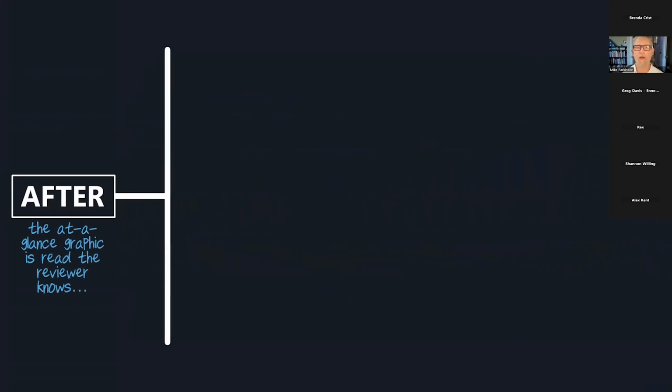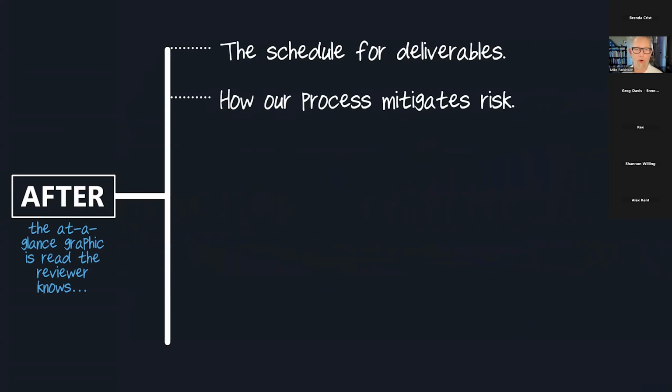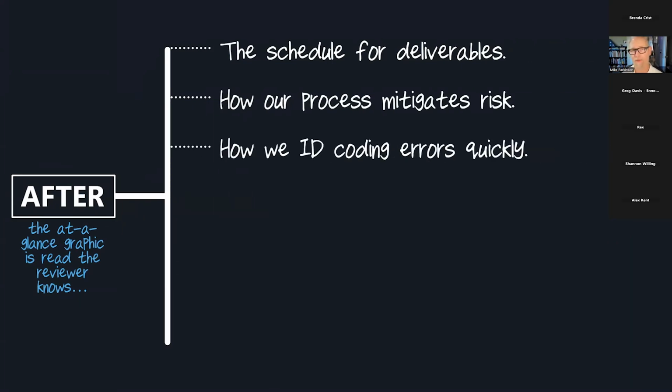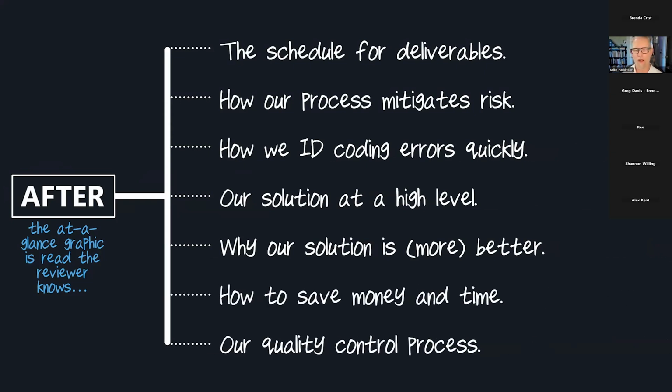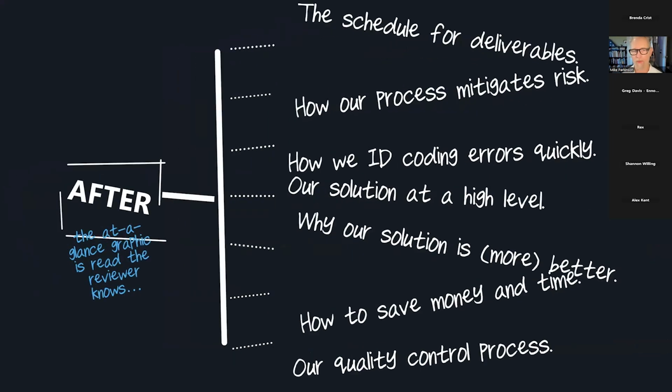For example, in a proposal situation, do they now know the schedule for deliverables, or how our process mitigates risk, or maybe how we identify coding errors quickly, or how our solution works at a high level? Or why is our solution better than our competitors? Or how to save money and time? Or maybe our quality control process. So this is ultimately the goal of the graphic. After someone looks at our graphic, what do they know? What can they do? That's the goal.